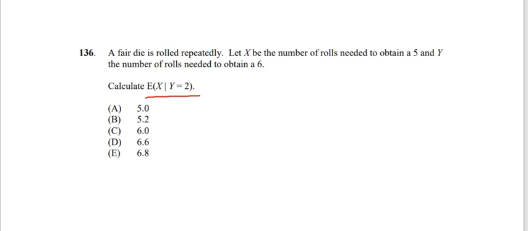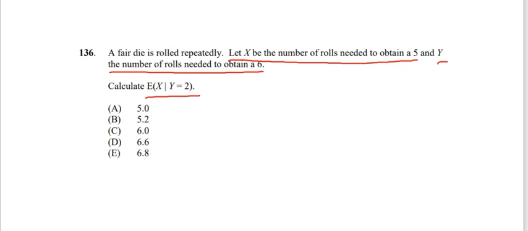So for this problem, what is x, what is y? Here x is the number of rolls needed to obtain a 5. And y is the number of rolls needed to obtain a 6.